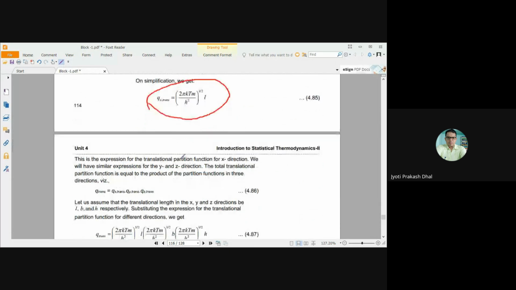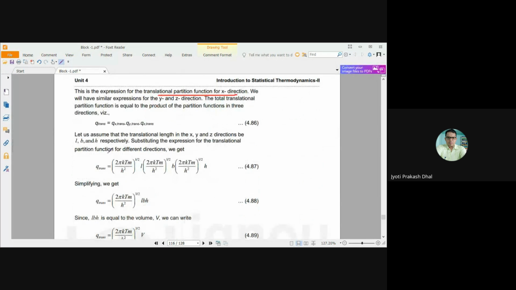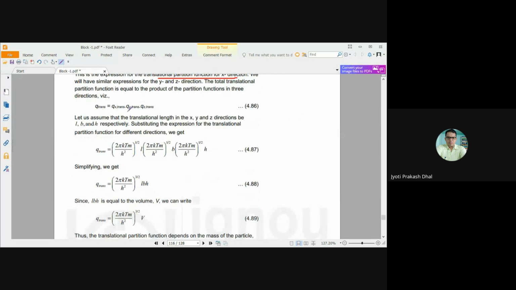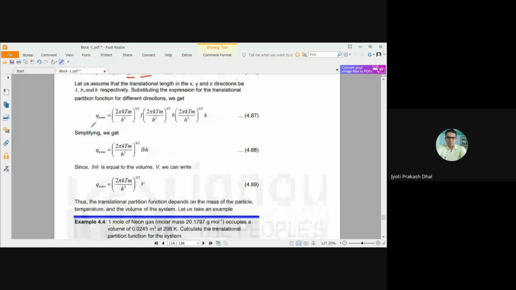This is the expression for the translational partition function in the x direction, and in a similar way we can calculate the translational partition function for the y direction and also for the z direction. Hence the total translational partition function q trans is the product of its contributions from the x, y and z directions.